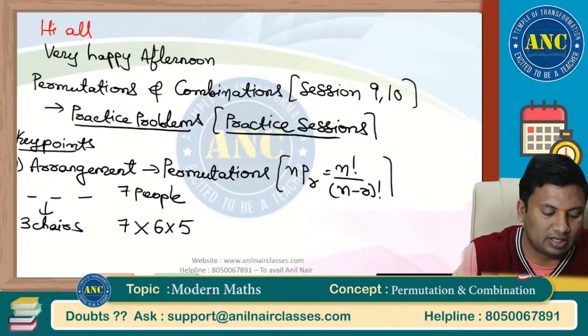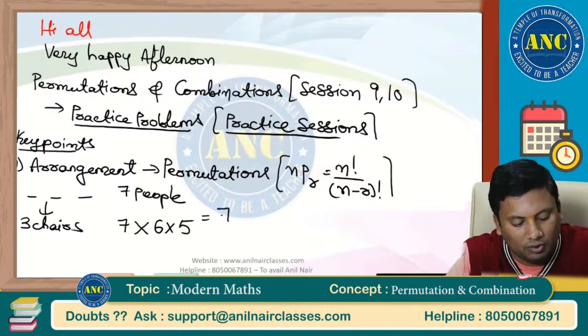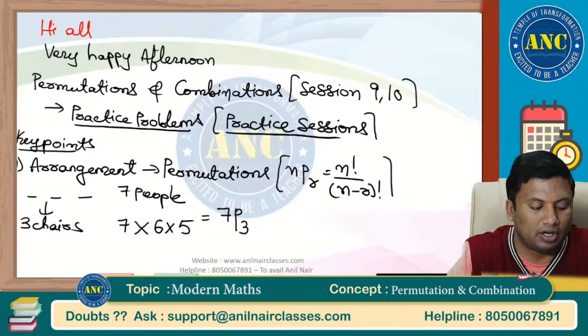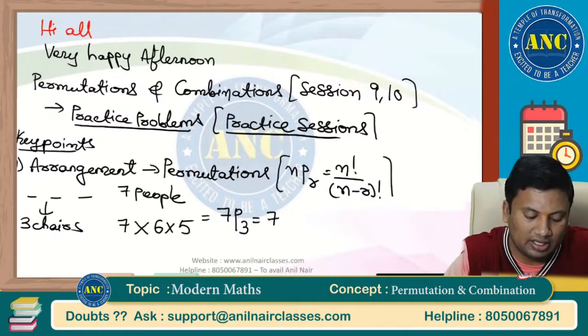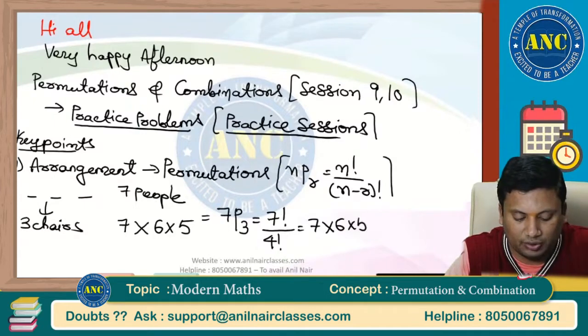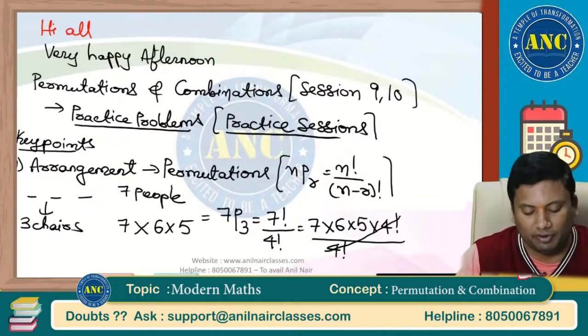So it is nothing but 7 into 6 into 5, which is out of 7 people, I will arrange 3 people onto 3 chairs. 7P3 is nothing but 7 factorial by 4 factorial, which is 7 into 6 into 5 into 4 factorial divided by 4 factorial.